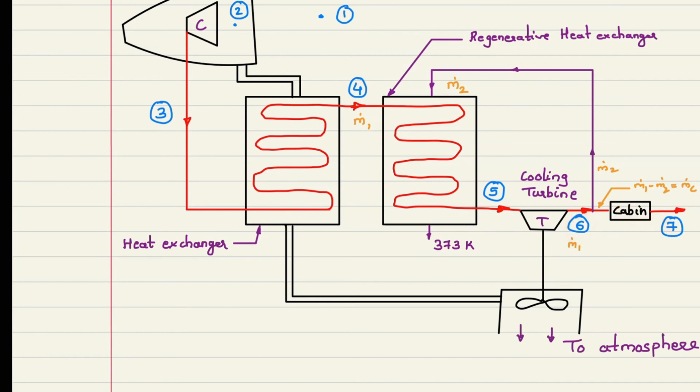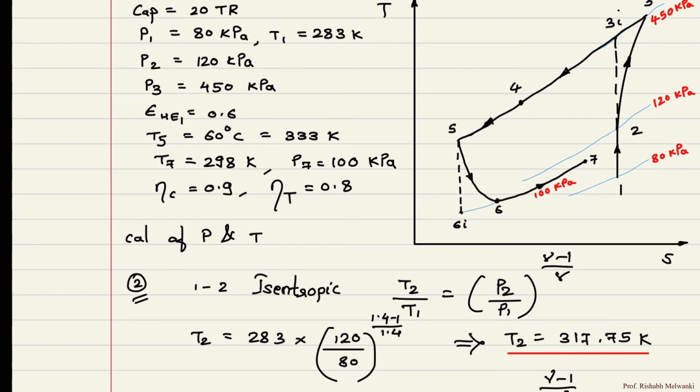So it is the mass of air entering the cabin, which is m.1 minus m.2, into Cp of air into the temperature difference. After absorbing the heat, temperature T7 is more and T6 is less, which you can verify.